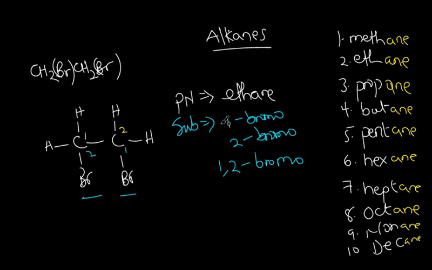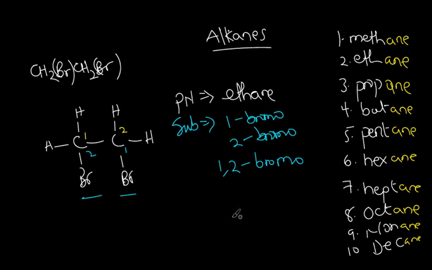Did you see when I was writing 1 and then the bromine, I put a hyphen over here. When I was writing 2 numbers, I put a comma. That is how we name. So in naming organic compounds, we differentiate numbers by a comma, and a number and a word by a hyphen. Now that we know we have 1,2 bromo, and our parent name is ethane, we just join these 2 names together to form the name of our compound.